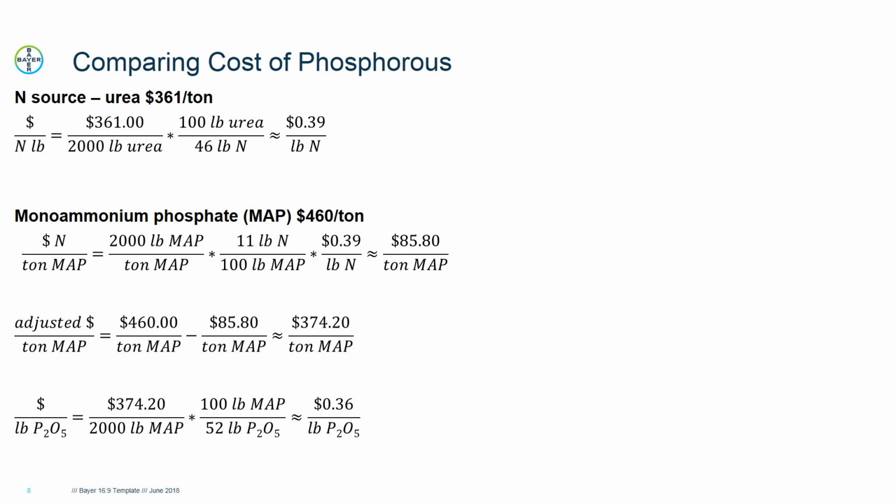We must then deduct that from the $460 per ton of MAP, which gives us an adjusted value of $374.20. From there, we are able to take the $374.20 and divide it by the total pounds of P2O5 per ton to arrive at 36 cents per pound of P2O5.